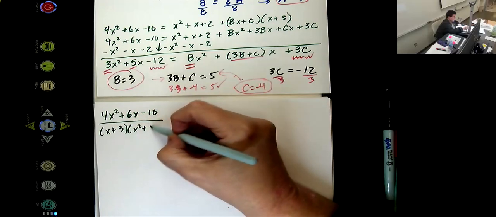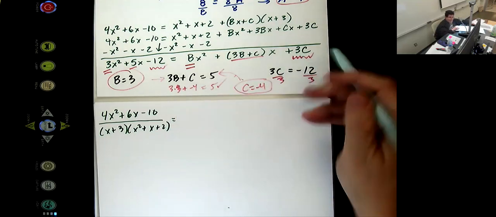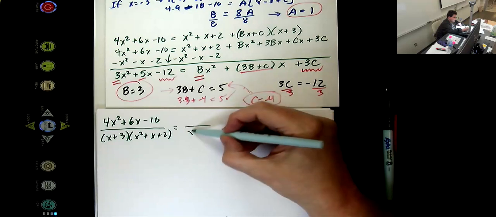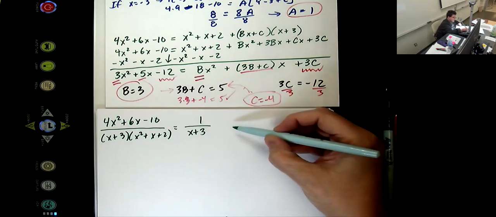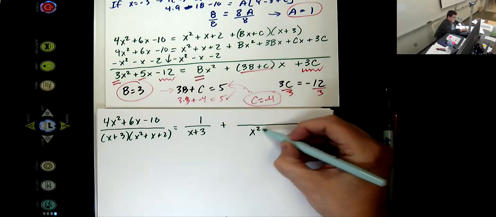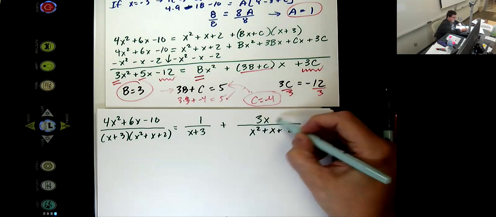This is what we started with. We found A equals 1. That was over our x plus 3. And then we had bx plus c over x squared plus x plus 2. B was 3 and c is -4.